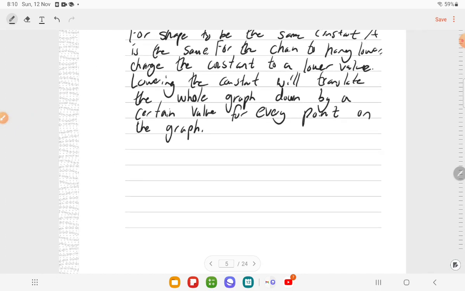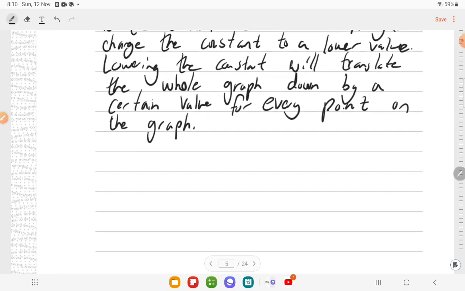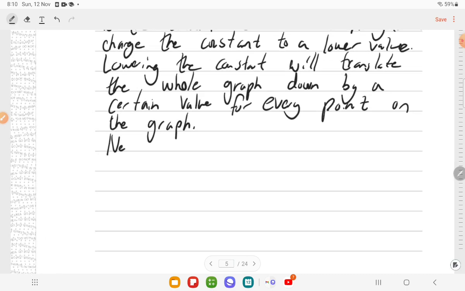So the new equation will be y is equal to 1 over 400 (x take away 36) squared.